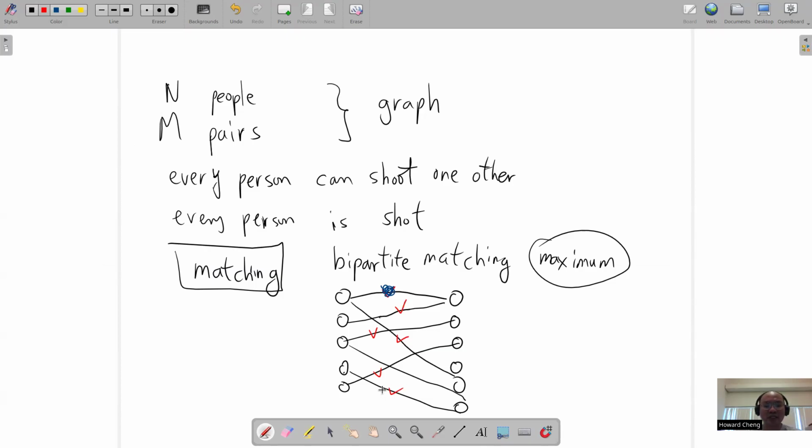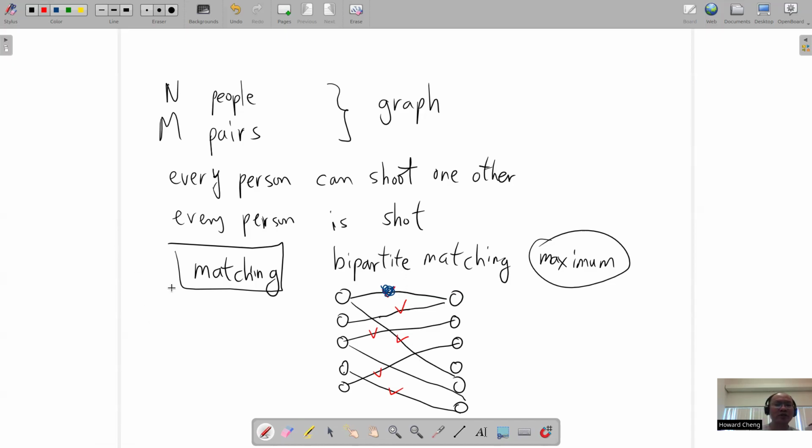In this case, it's a maximum because everybody on the left has matched. Not everybody on the right has matched, but it's impossible because there are more things on the right than left. So this is pretty much the best you can do. All right. So now the question is, are we okay?